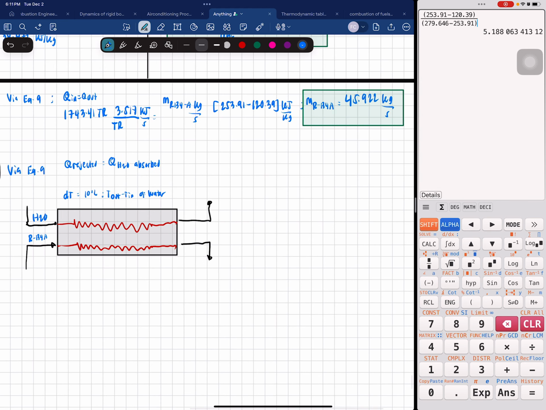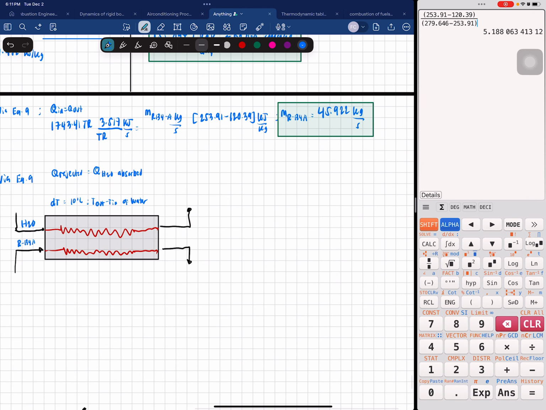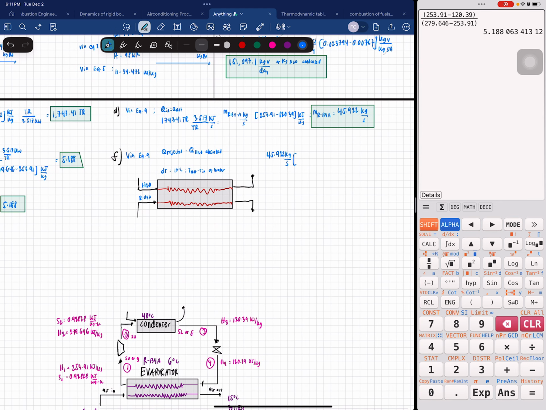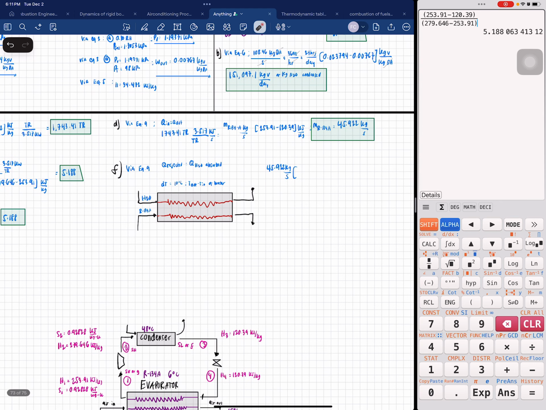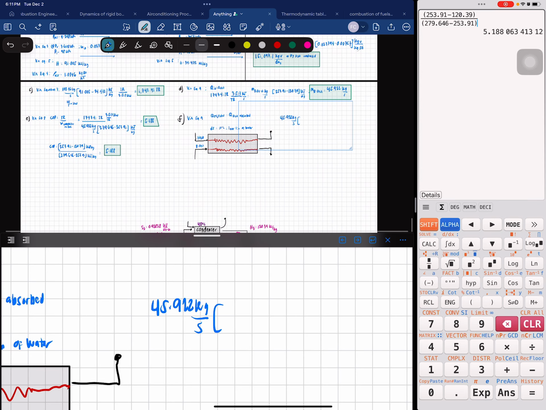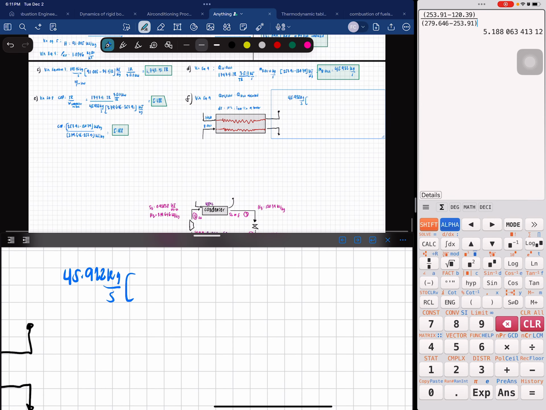So how will we find the Q rejected? Q rejected is simply the mass of the refrigerant, 45.922 kilograms per second, times the difference between enthalpies H2 and H3. H2 is 279.646 minus 120.39 kilojoules per kilogram.